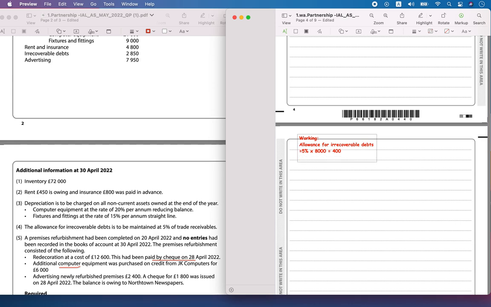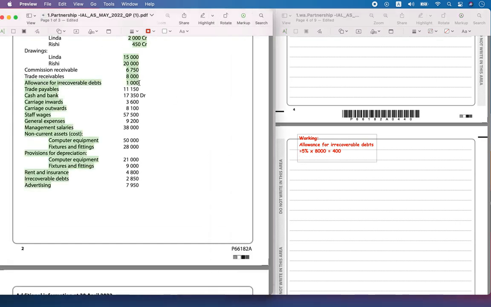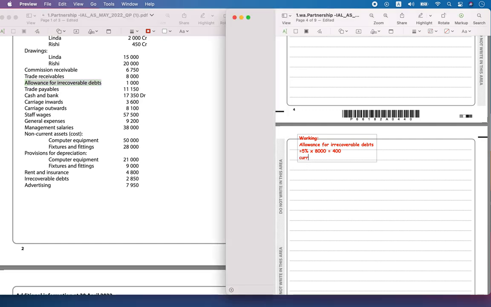So there is a decrease in allowance, so the decrease in provision will become an income.